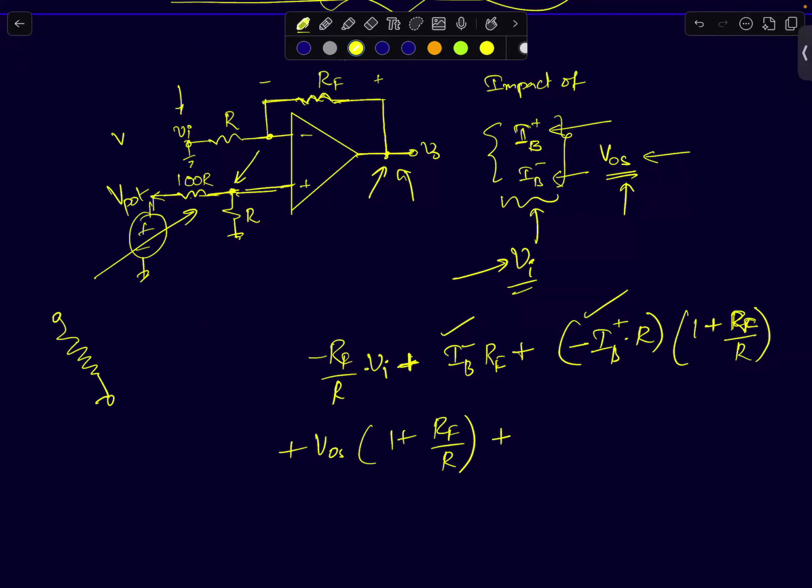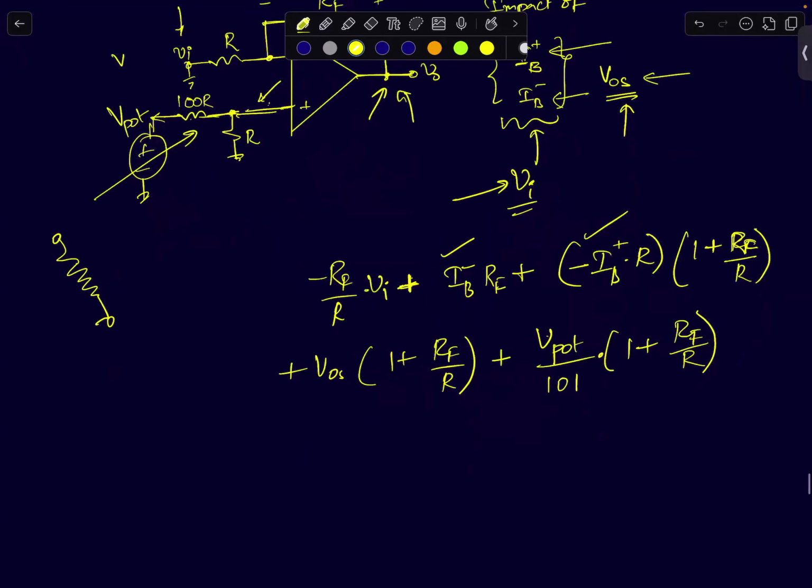So then that ratio is going to be V pot divided by 101 times. Now once you reach the non-inverting terminal, from there it's a non-inverting amplifier, right? 1 plus RF by R.